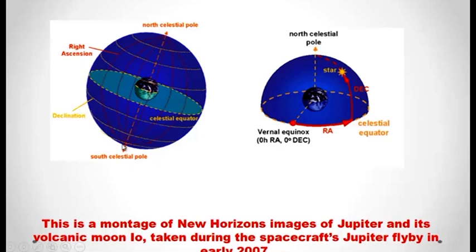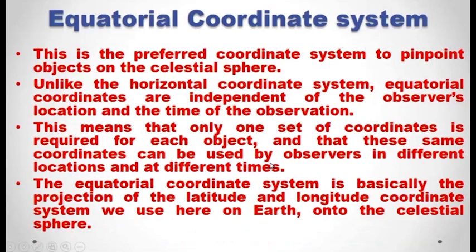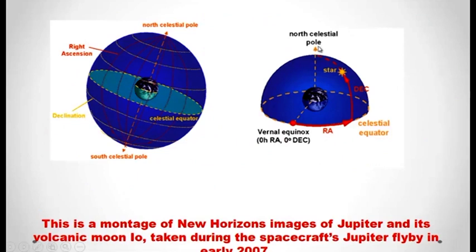This is the north celestial pole and this is the south celestial pole. These parallels are all declination. These verticals are all right ascension. This is latitude, then longitude. So in the equatorial coordinate system, you can see the north celestial pole and vernal equinox, right ascension and declination.